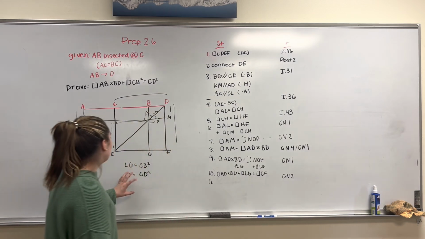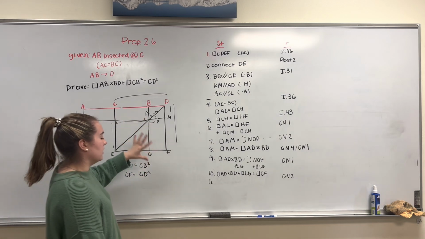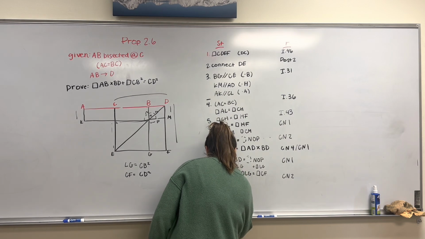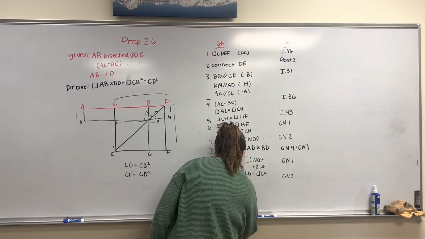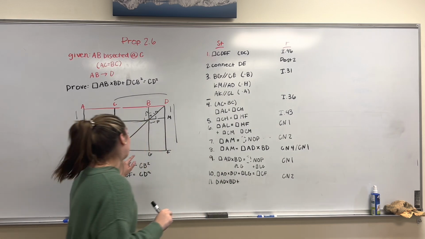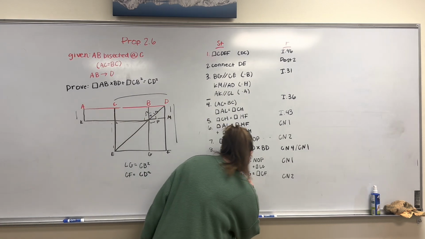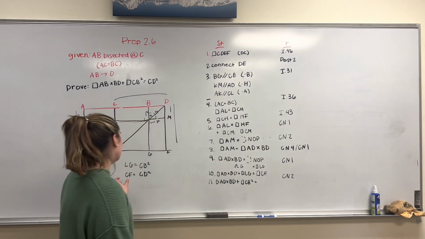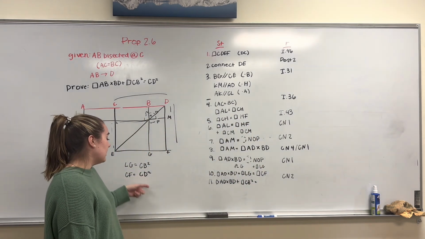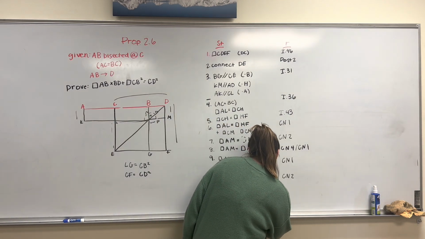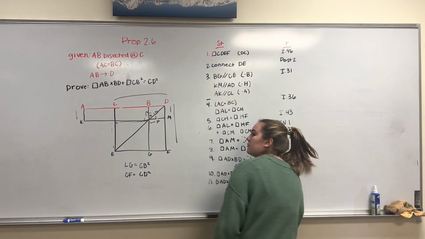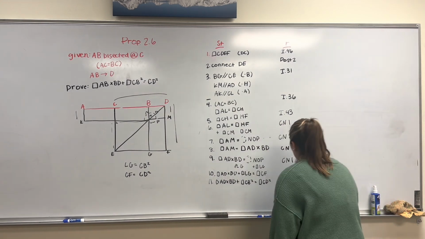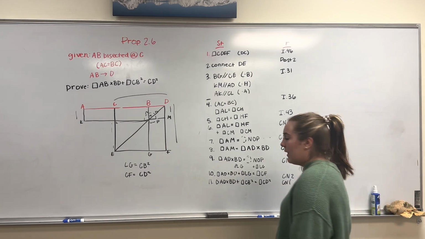So then we just found that using just our picture and deducing what these mean. So then you can say that AD times BD plus this newfound CB squared is equal to CF, which is the newfound CD squared. And so I used combination 1 for this.